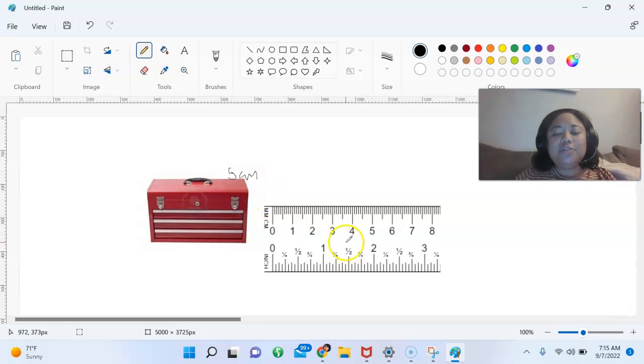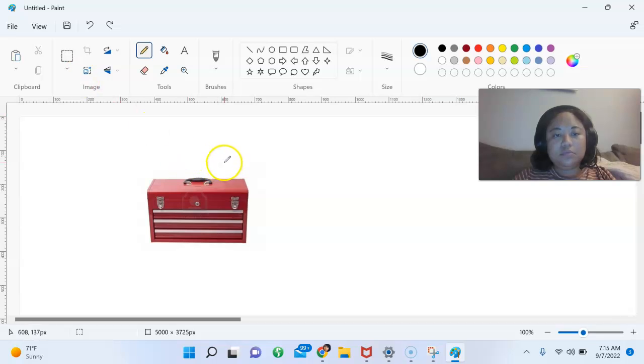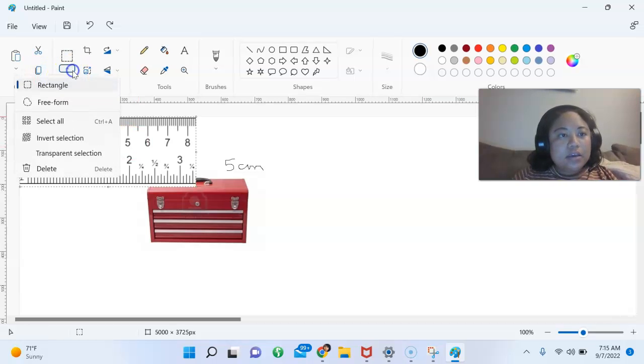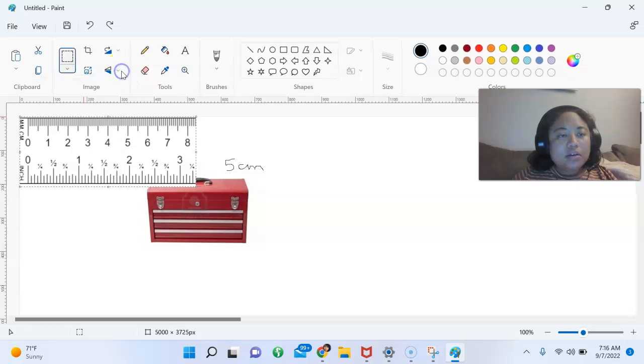Then I'm going to go ahead and rotate my ruler, and I'm going to measure the other direction.